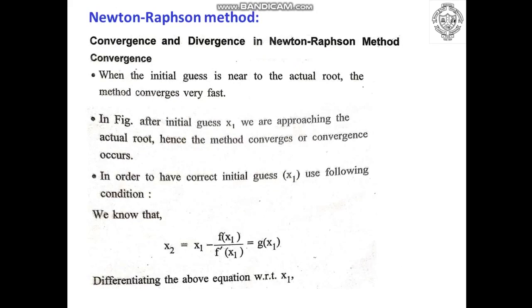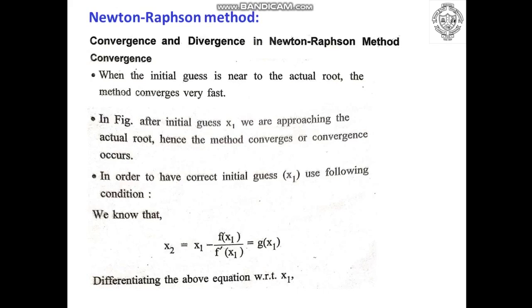Now let us try to understand some pitfalls of the Newton-Raphson method. To understand the pitfalls of a method, usually the concept of divergence is used. Convergence means you are approaching the root, and divergence means you are going away from the root. As we have seen, when the initial guess is near the actual root, the method converges very fast.